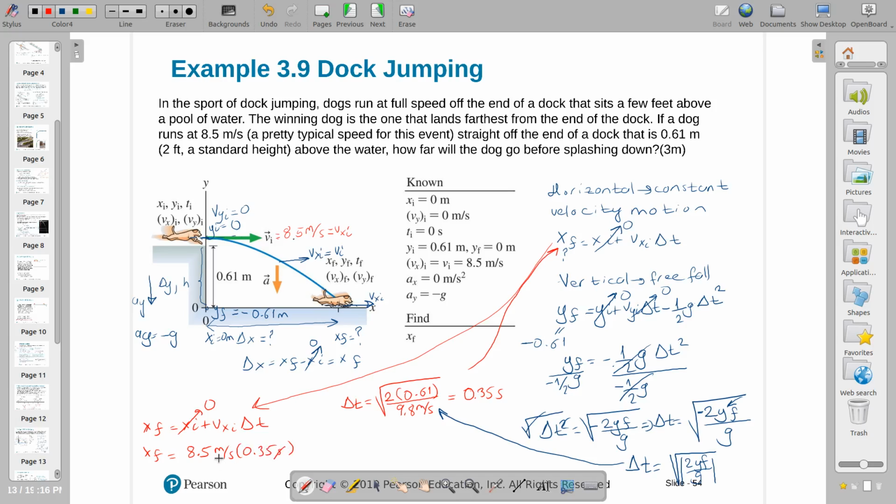Look how nicely seconds cancels, meters is left because we are calculating the distance, and that should be equal to about 2.99 meters, so about 3 meters if we round it to one significant figure. So that's an example for you.